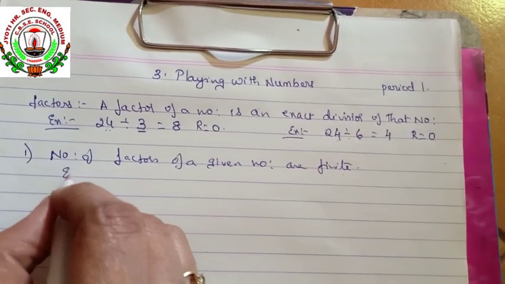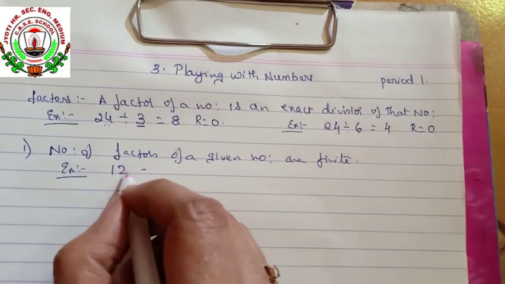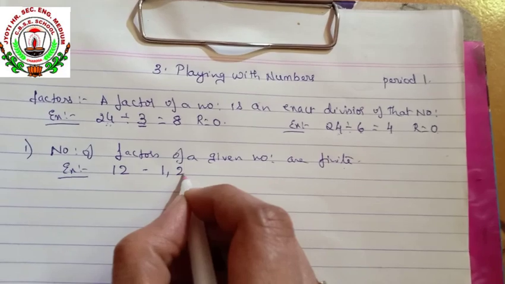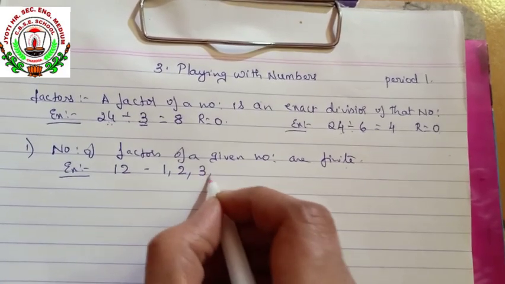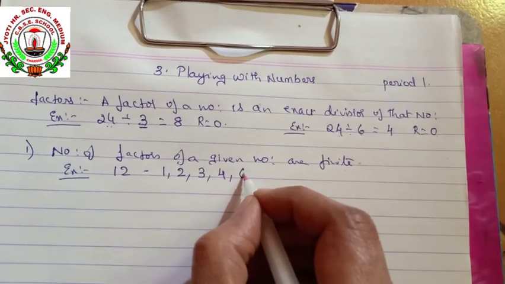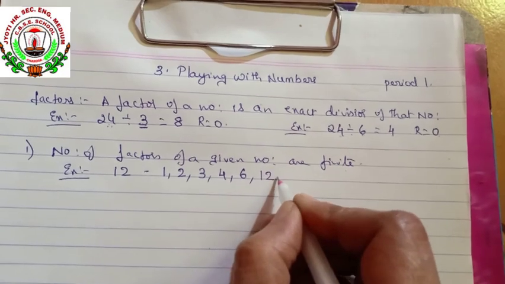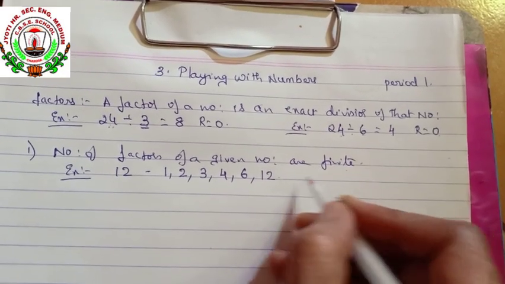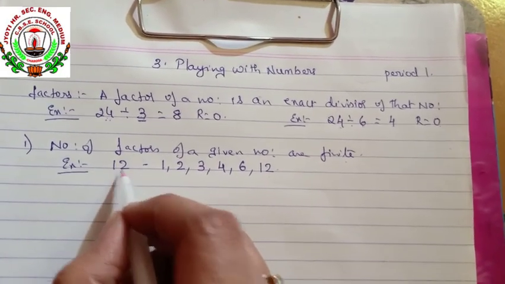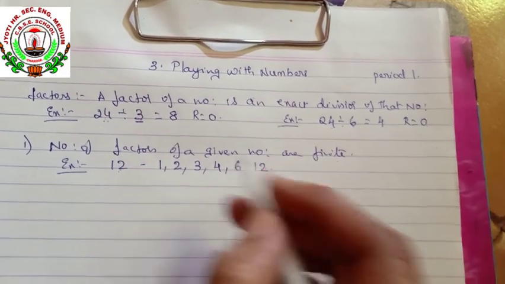For example, factors of 12: 1 table has 12, 2 table has 12, 3 table has 12, 4 table has 12, 6 table has 12, and 12 table has 12. After the 12 table we cannot find 12 in any other tables. So for factors of 12 there are limited factors like this.